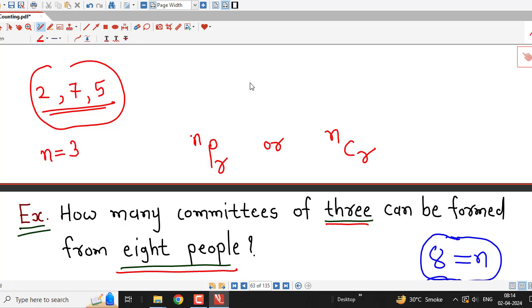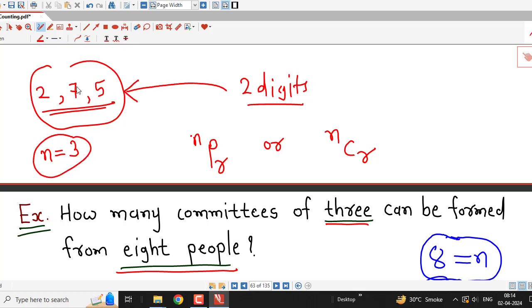How many 2-digit numbers can be constructed out of these 3 digits? So here you can see that order is important. For example, if I consider 2 and 5, then 25 and 52 are different 2-digit numbers.